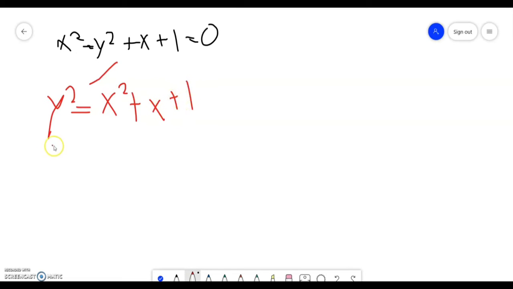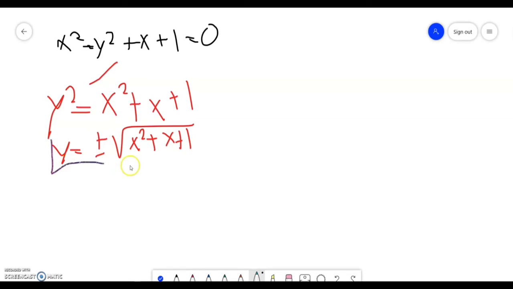plus 1, and getting us y equal to plus or minus radical x squared plus x plus 1. That's the first equation that we have. Now let's move on to the second way to solve it.